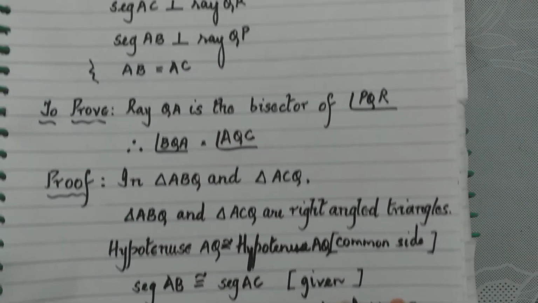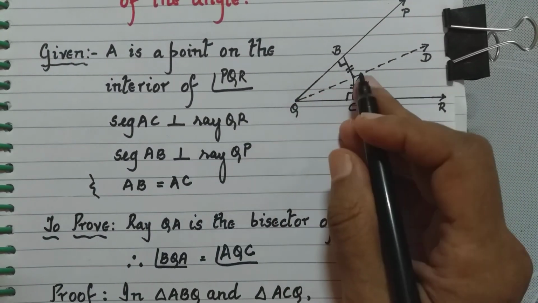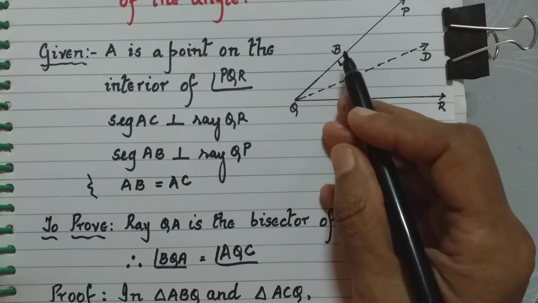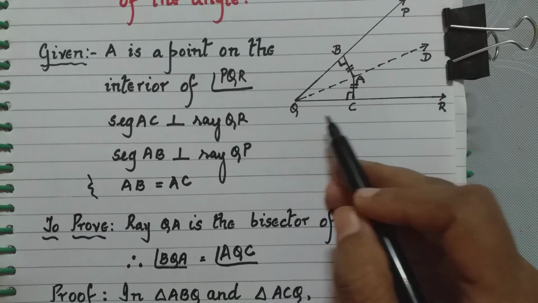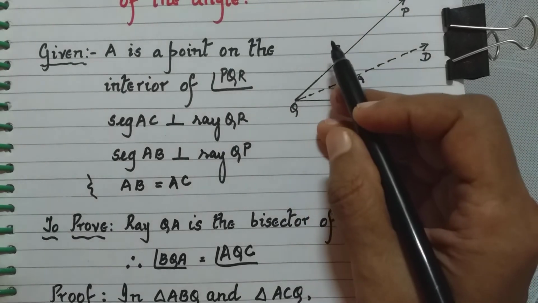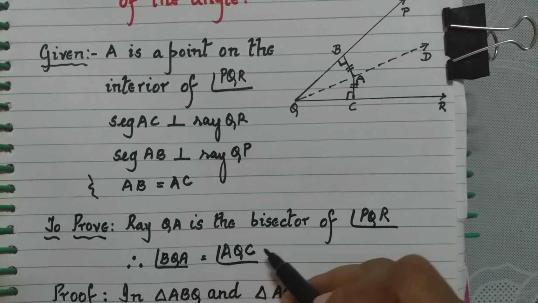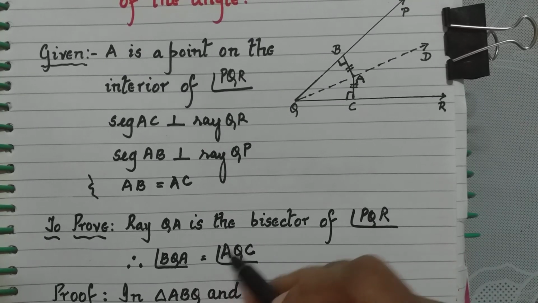Then I look at my figure here. Which angles will be congruent then? Angle AQB will be congruent to AQC. That means this is what I had to prove, that is, BQA is equal to angle AQC.